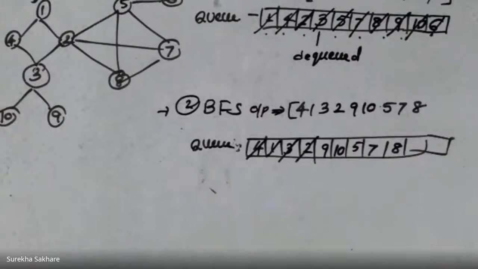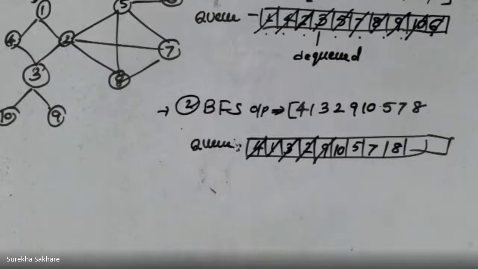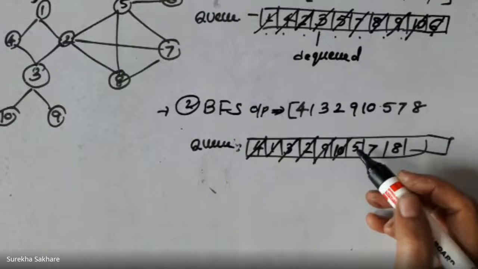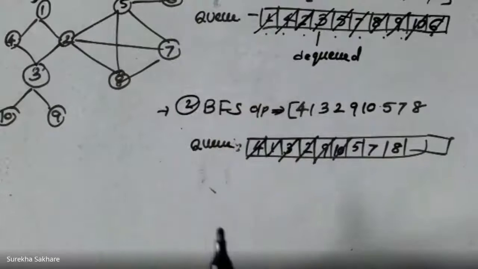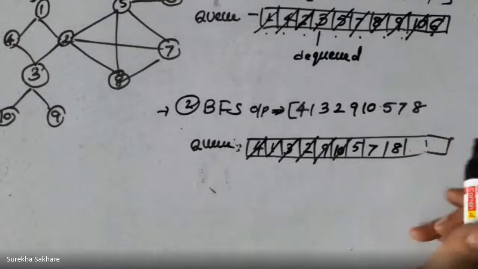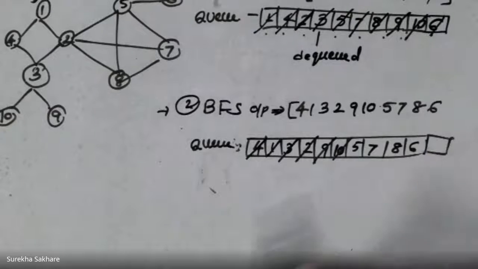Now who is there in 9? 9 has nobody to explore, so I will remove this. 10 has nobody to explore, so I will remove this. Now 5. 5 has adjacencies 2, 8, 7 and 6, out of which 2, 8, 7 are already visited. The only one remaining is 6, so 6 is enlisted here in the visited list also. I will remove 5, dequeued.